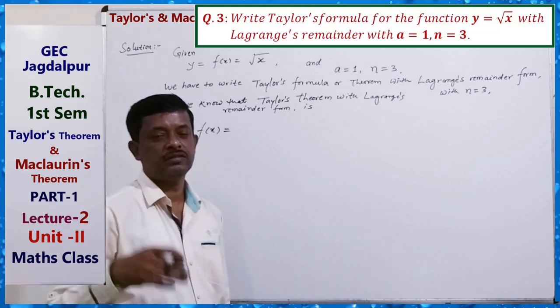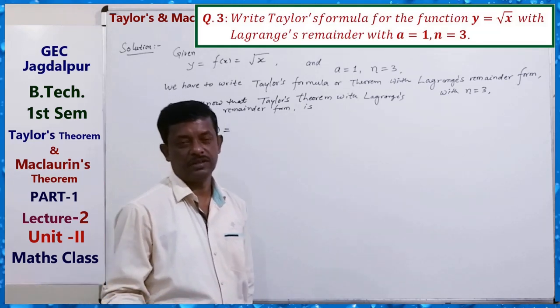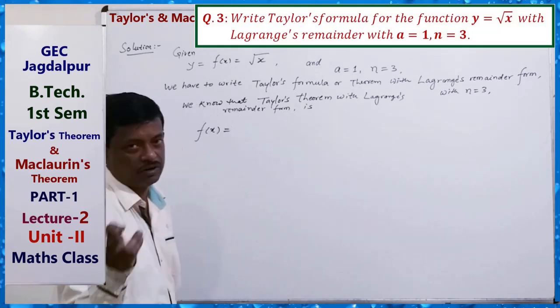If a equals 0, then it is about the origin. A equals 1 means about 1.